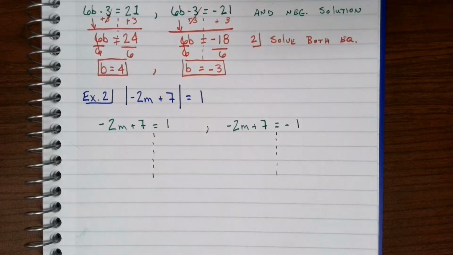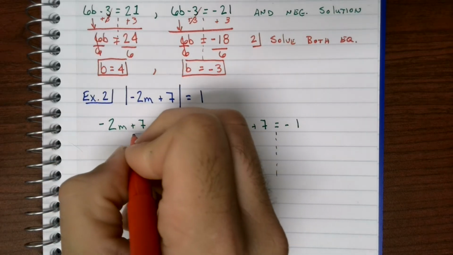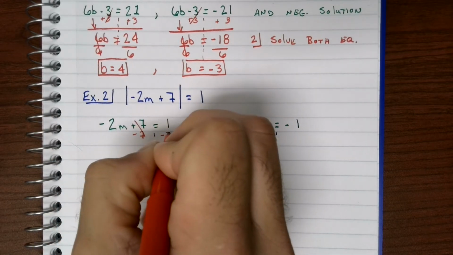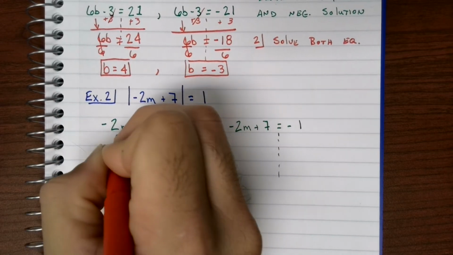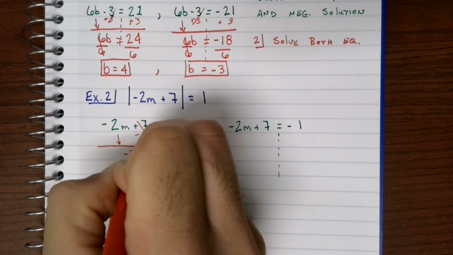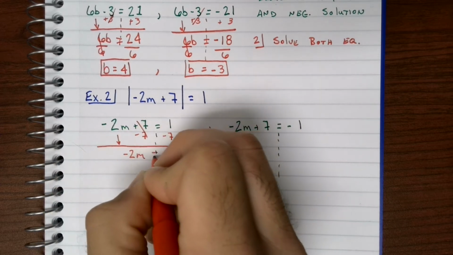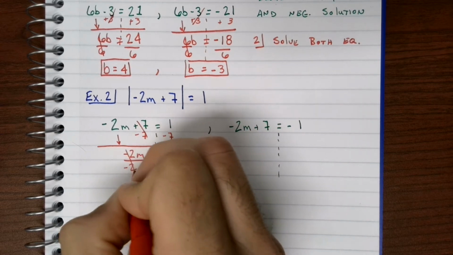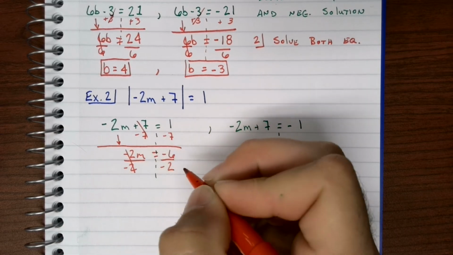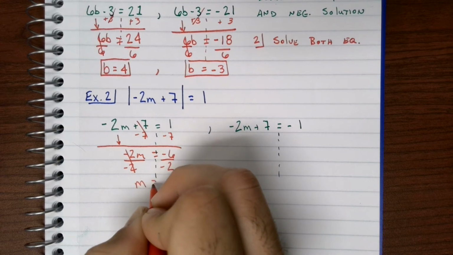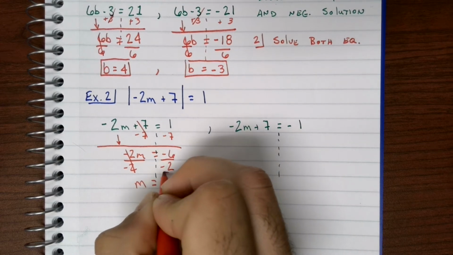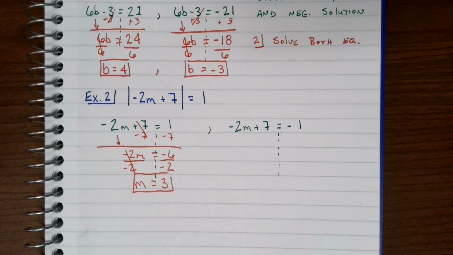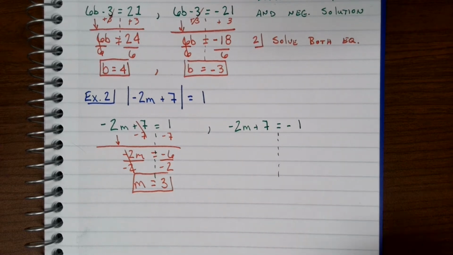Here we would subtract 7 from both sides. Negative 2m is equal to negative 6. Divide by negative 2, and m equals 3. Then we come over here and solve the other one.